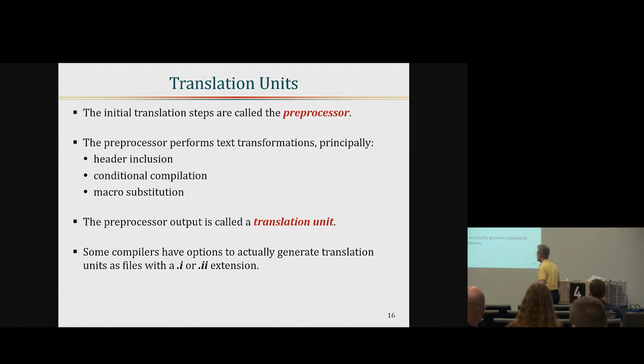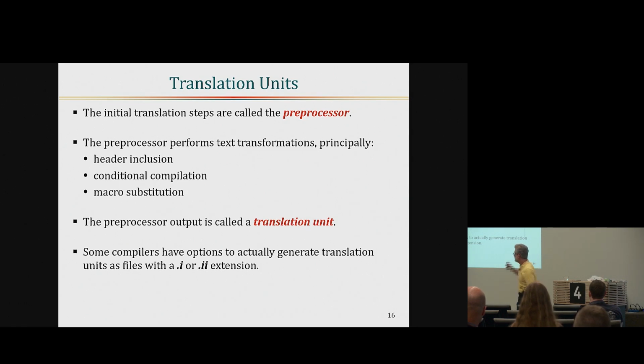A way to picture what's happening is that the compiler, whether it's C or C++, takes your source file, and the first thing it does is run it through that portion of the compiler known as the preprocessor. You can think of it as if the preprocessor is a separate program, which spits out another source file. And that source file has a name.